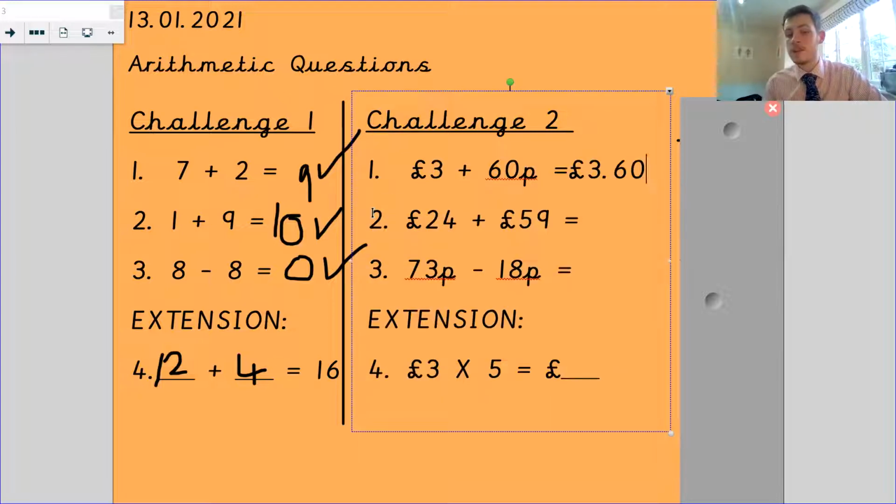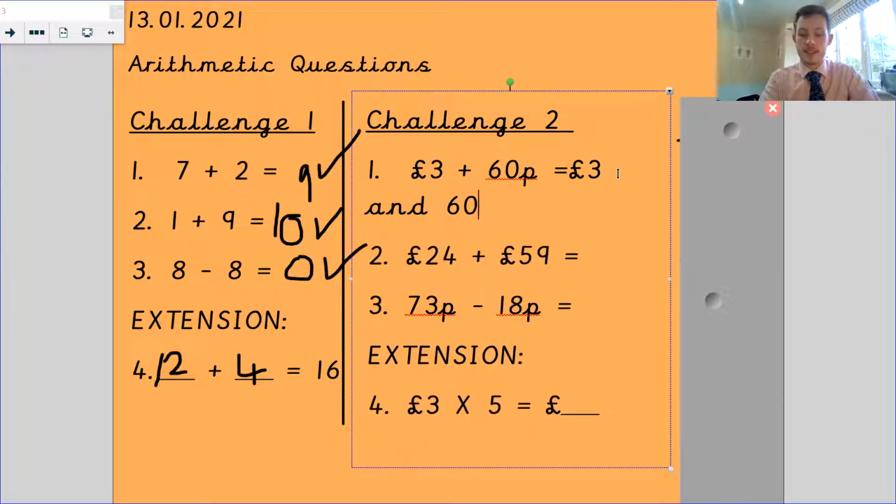You do not need a pence after, because the full stop tells us that these are now only pence. You've only got a portion of the pounds, 60 pence. Otherwise, you would write it as £3 and 60 pence. So I'm going to leave it like that for now.